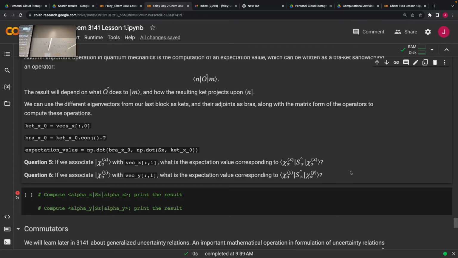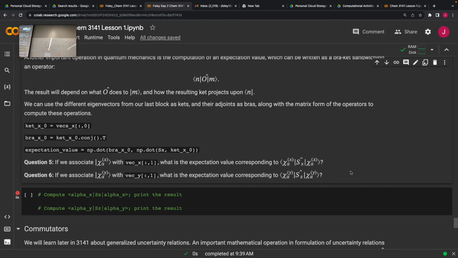Now, question 6 is a little different. It says, let's say that I am in a state which is an eigenstate of Sy, but I am interested in the expectation value of Sz. So that is a different situation. Just make sure that you are keeping track of the names of your kets with respect to each matrix.